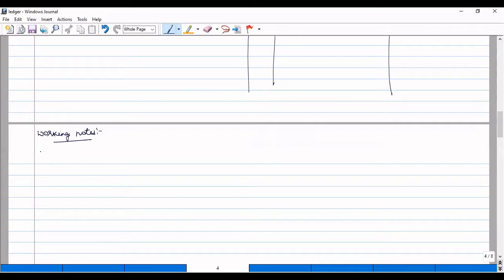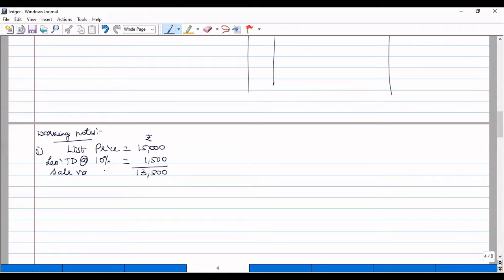So the list price of the goods is rupees 15,000. Now we have to reduce the trade discount availed. Trade discount is at 10%. 10% of 15,000, 1,500. Now subtract this amount. 13,500 will be the purchase value.